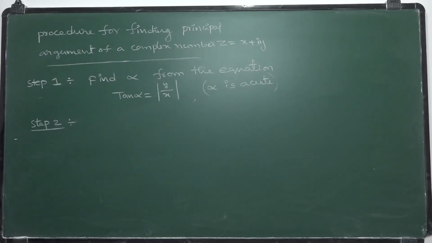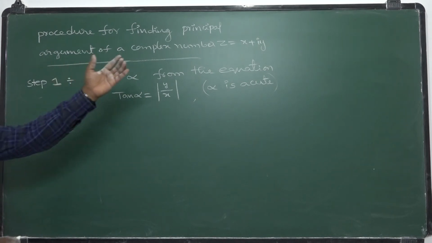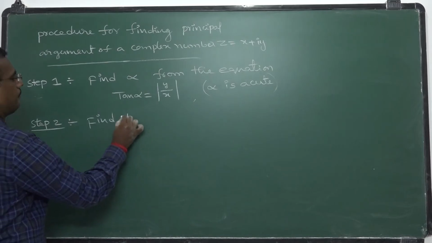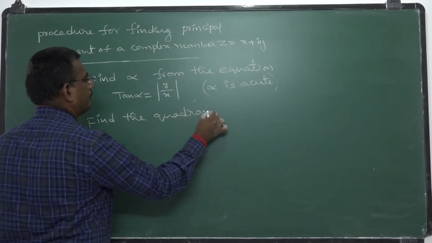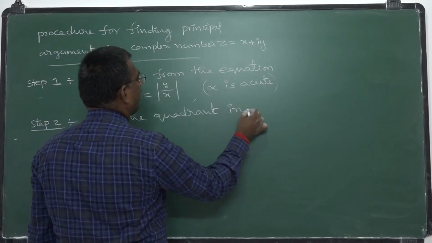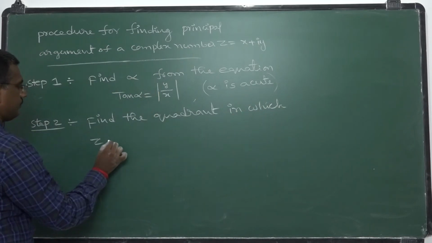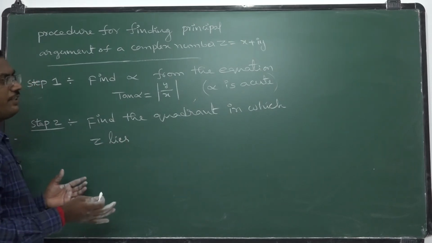Step 2. Find the quadrant in which z lies, with the help of x coordinate and y coordinate.